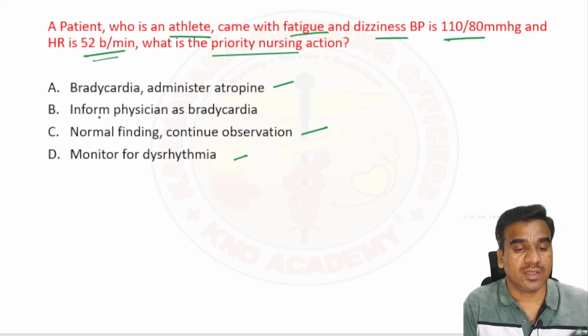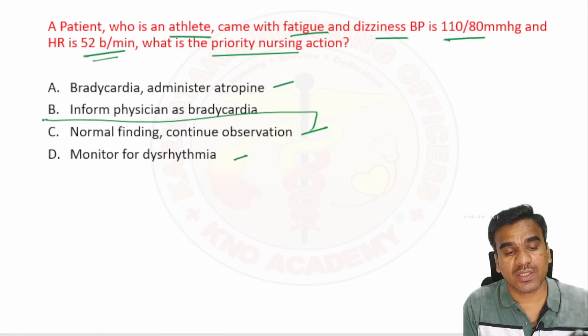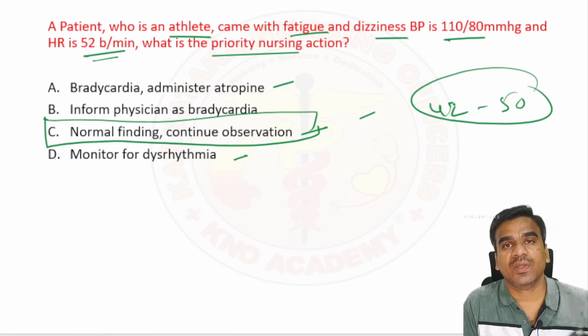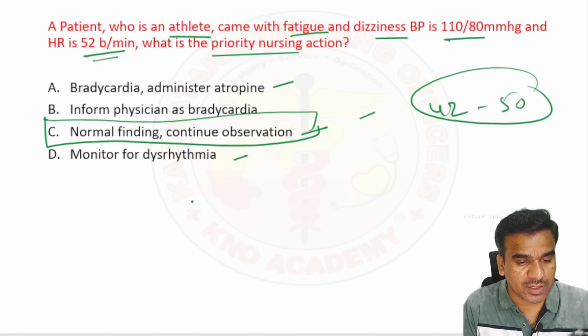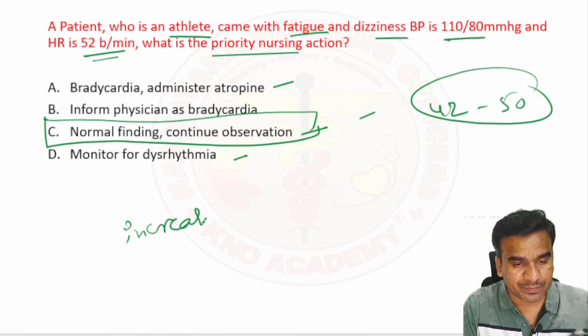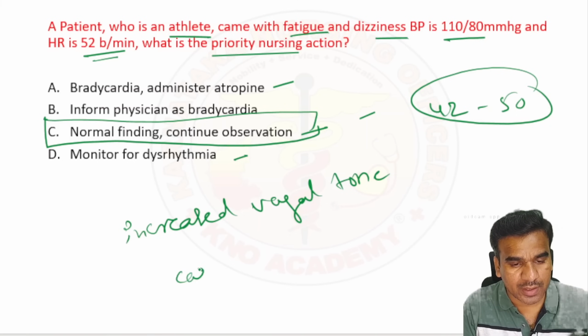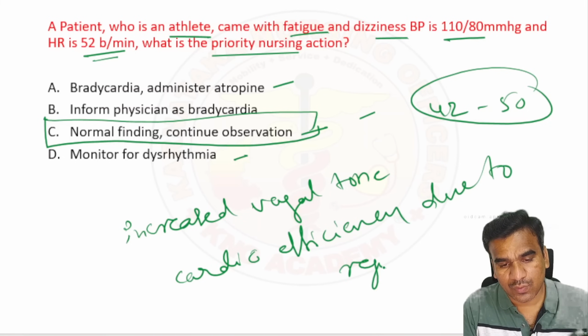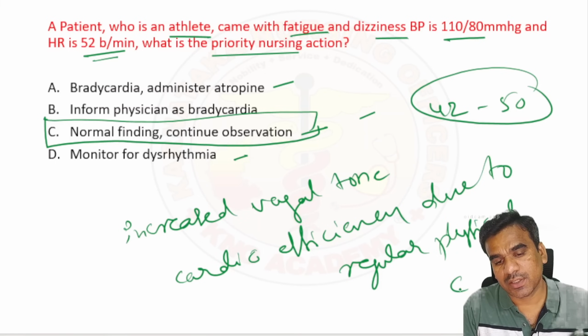Monitor for dysrhythmia. Yes, this is the normal finding. You can check athletes. Even I was shocked once. We checked, and their heart rate will be only 40 to 50, just because of increased vagal tone and cardiac efficiency due to regular physical exercises.